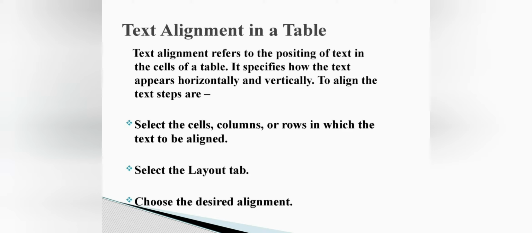Students, now we have to come to the next topic, which is text alignment in a table. How can we align text inside a table? Earlier we saw how we can align the whole table in a page. Now we can see how we can align text in a table. Text alignment refers to the positioning of the text in a cell of a table.